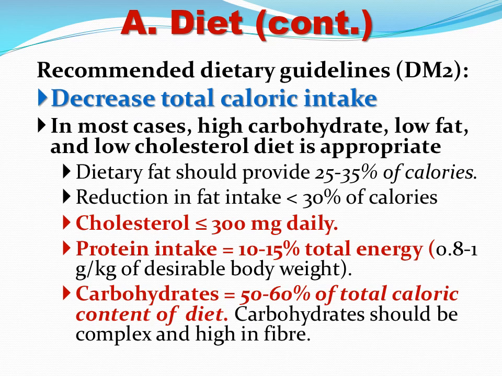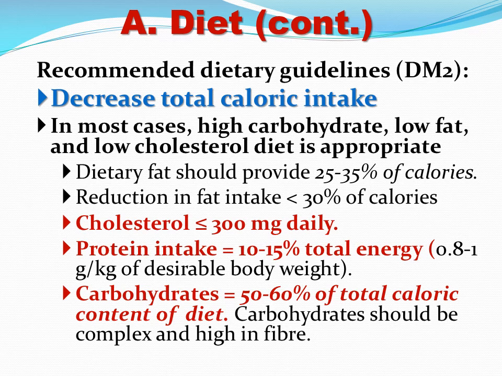Recommended dietary guidelines for type 2 diabetes. The diabetic patient should reduce his total caloric intake per day. In most cases, the diet should be high in carbohydrate with low fat and low cholesterol content. Dietary fat should provide about 25 to 35% of calories.